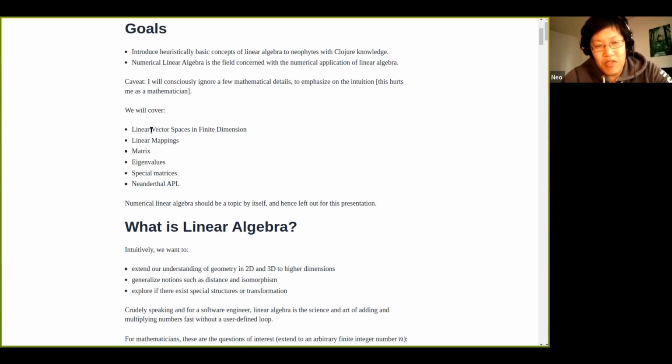What are the functions, or mappings, that we use in the space, what a matrix is, what eigenvalues are, and then we're going to describe some special matrices that are quite useful in practice. And at the end, we're going to go through the Neanderthal API.